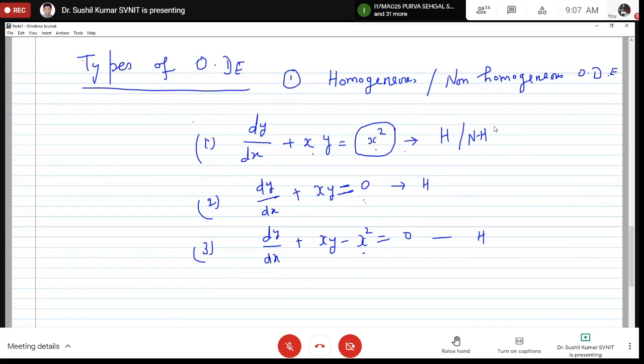Why is it called non-homogeneous due to this term? Because it is a function of the independent variable. x is the independent variable and y is the dependent variable. Yes, sir.